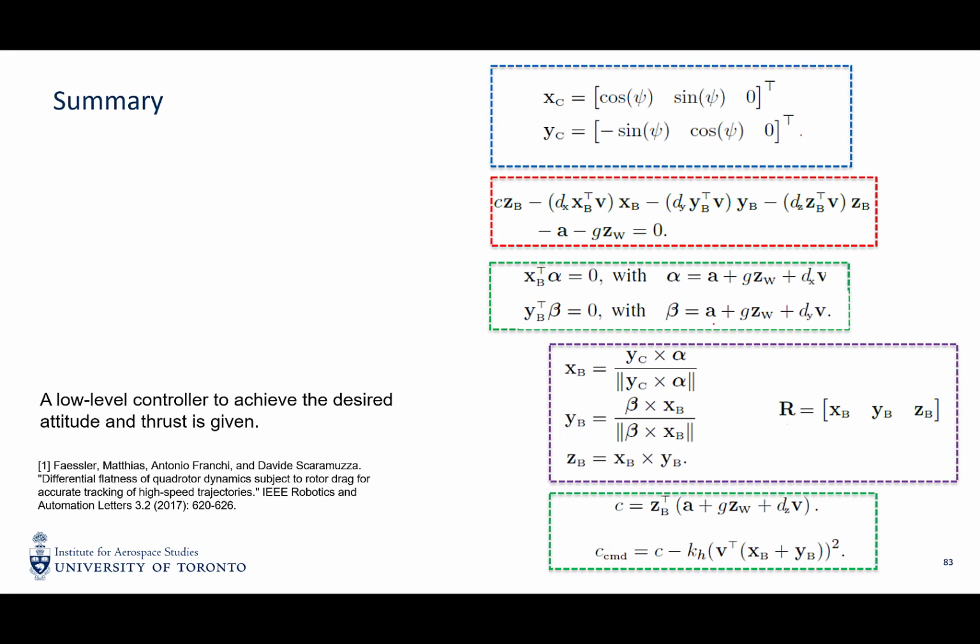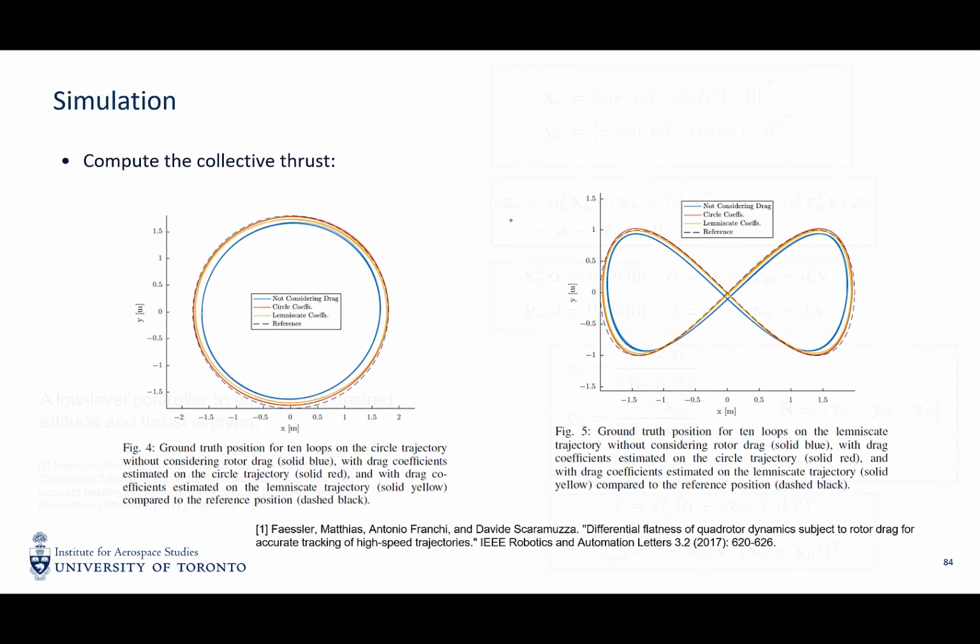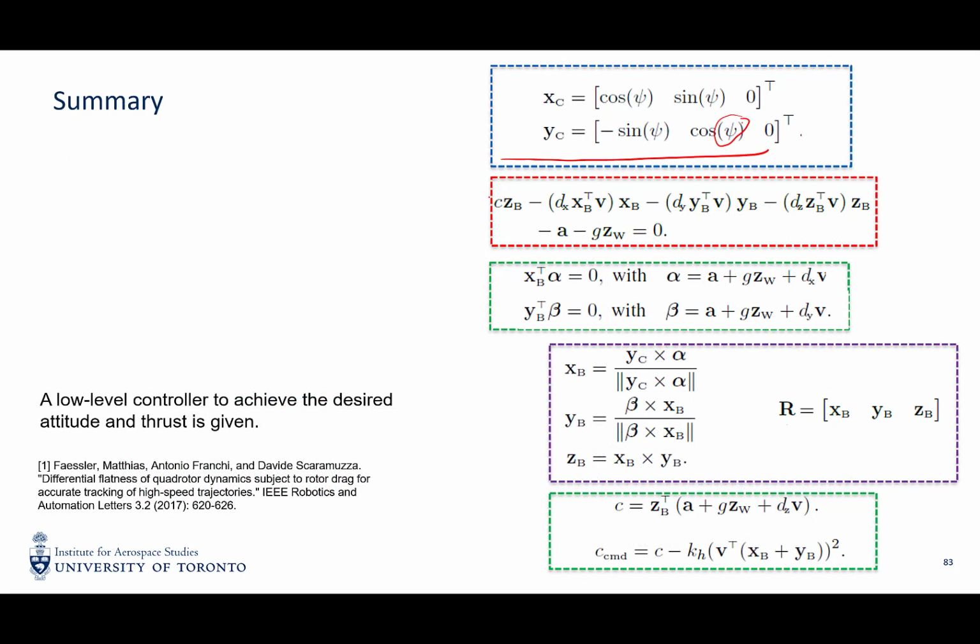And to sum up, the entire procedure is that we need to manually pick a psi to get xc and yc, the coordinate. By moving the v dot to the same side of the translational dynamics, we get this formula.